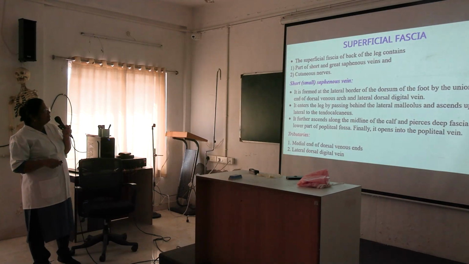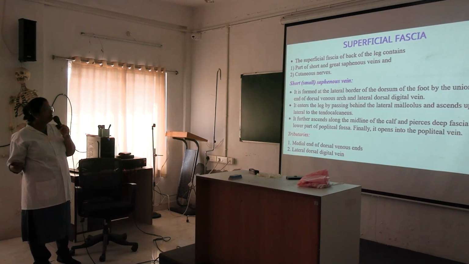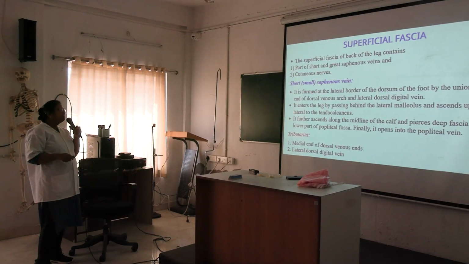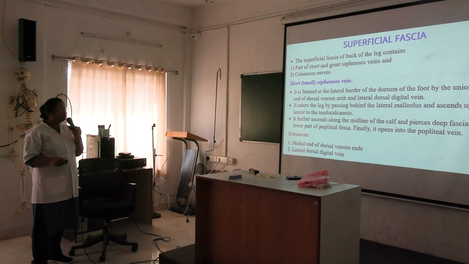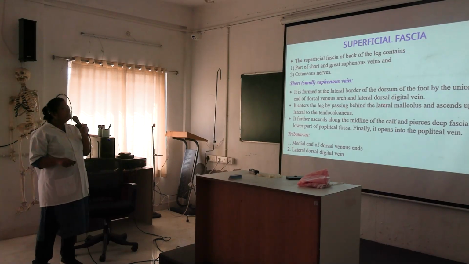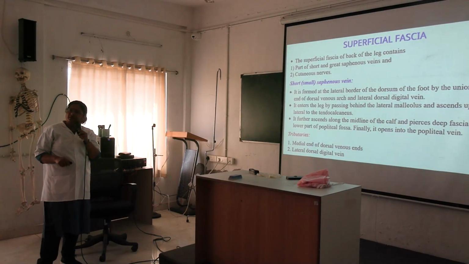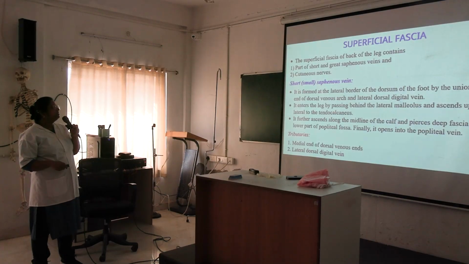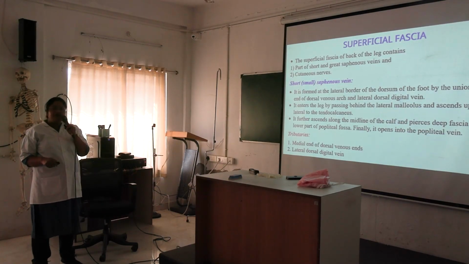Short saphenous vein, also known as small saphenous vein, formed at the lateral border of the dorsum of the foot by the union of lateral end of dorsal venous arch and lateral dorsal digital vein. These two are joining to form the small saphenous vein.